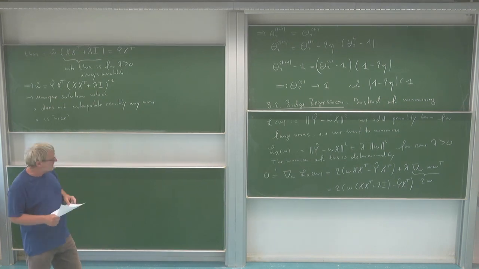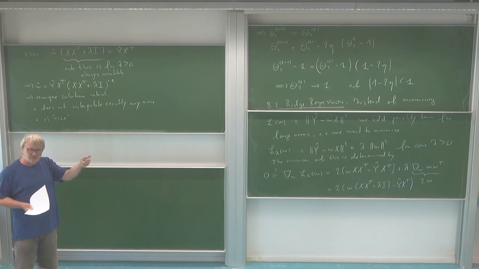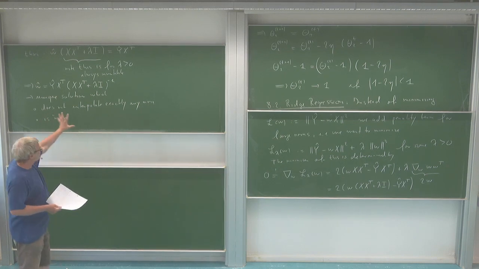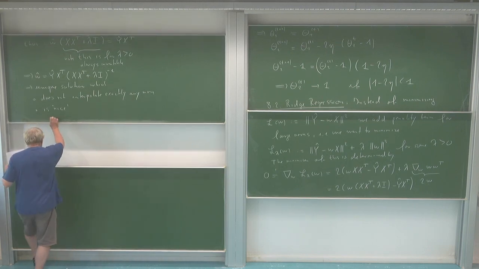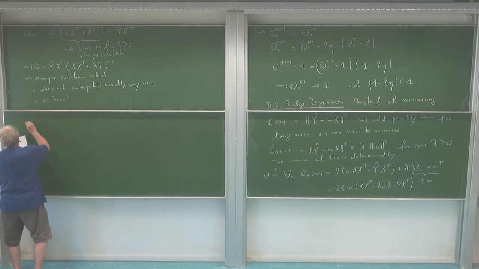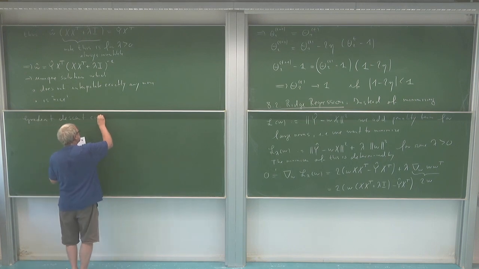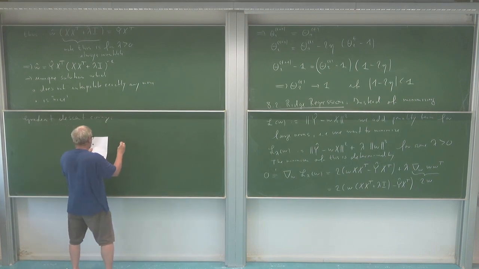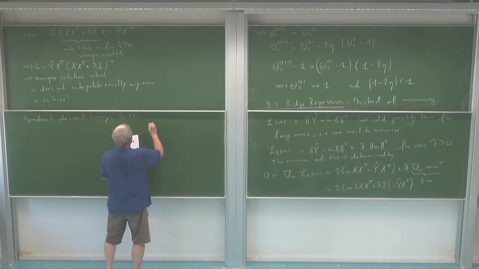So if you now apply gradient descent to this, it will converge to this solution, which is not our best solution in the original sense, but it's the best solution for this regularized problem.